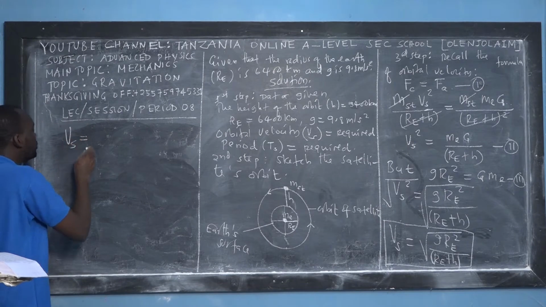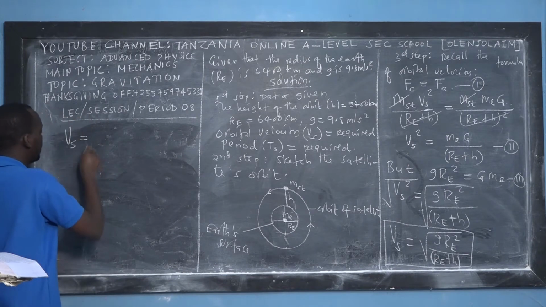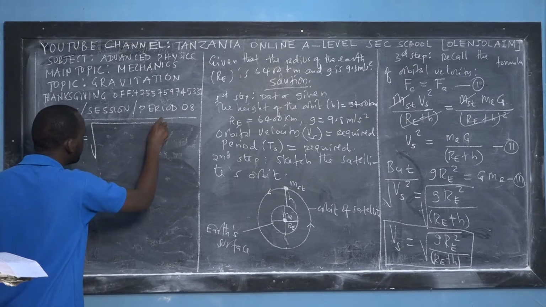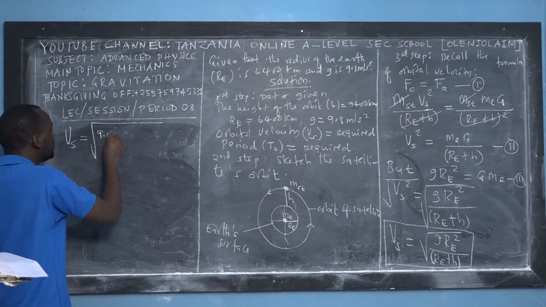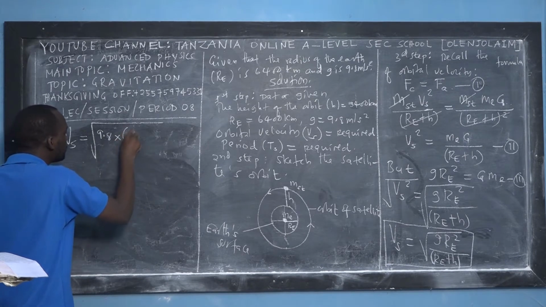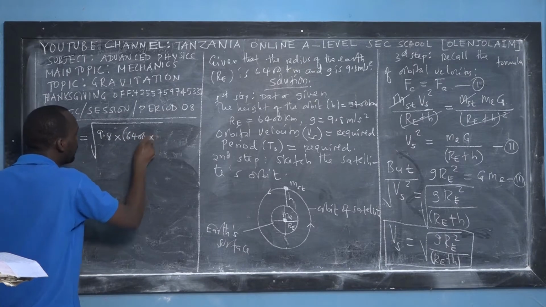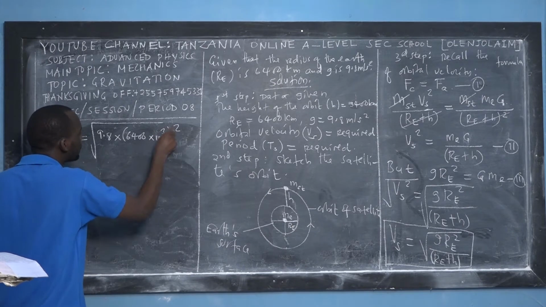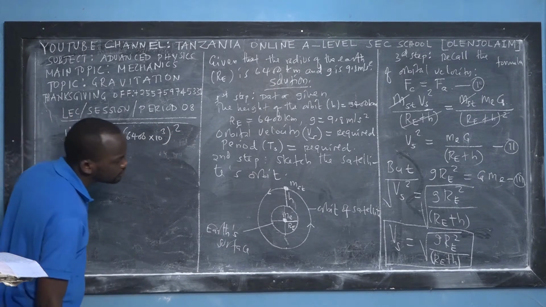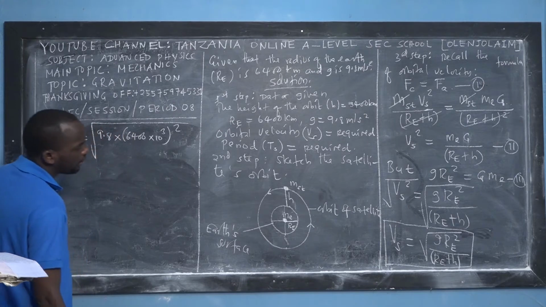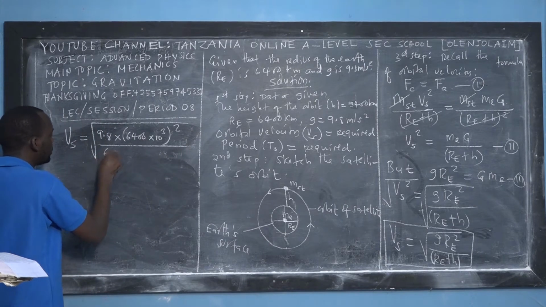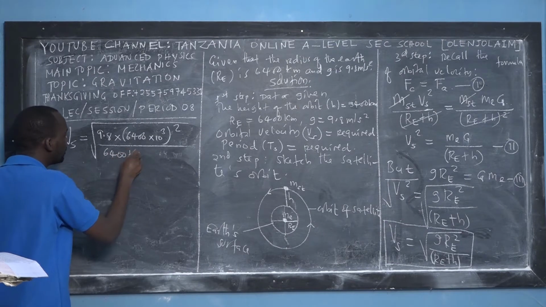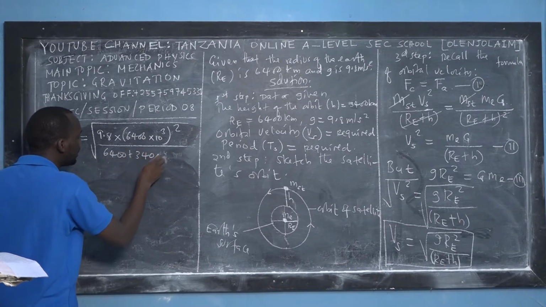So the orbital velocity for this case is the square root, not the cube root, okay? Square root of the acceleration of gravity, which is 9.8, times 6400 exponent 3, which is the radius of the Earth squared, and then divided by the summation of 6400 plus 3400 kilometers.